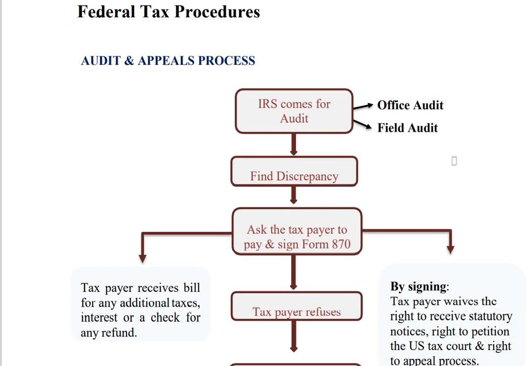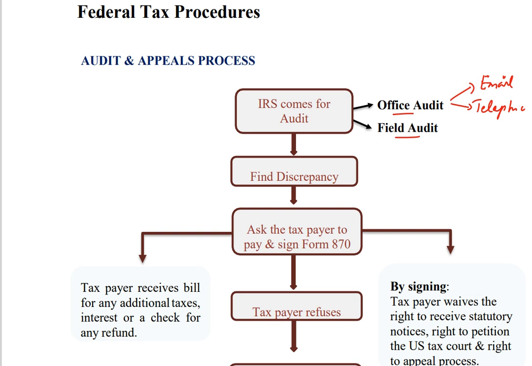As we said, the audits would be conducted on a random basis or by means of document matching. It could be done via two ways: office audit or field audit. A field audit takes a lot of resources from the IRS. An office audit could be by means of correspondence, telephonic, or by email. The IRS might send you an email to send in the documentation supporting your positions on the tax returns.